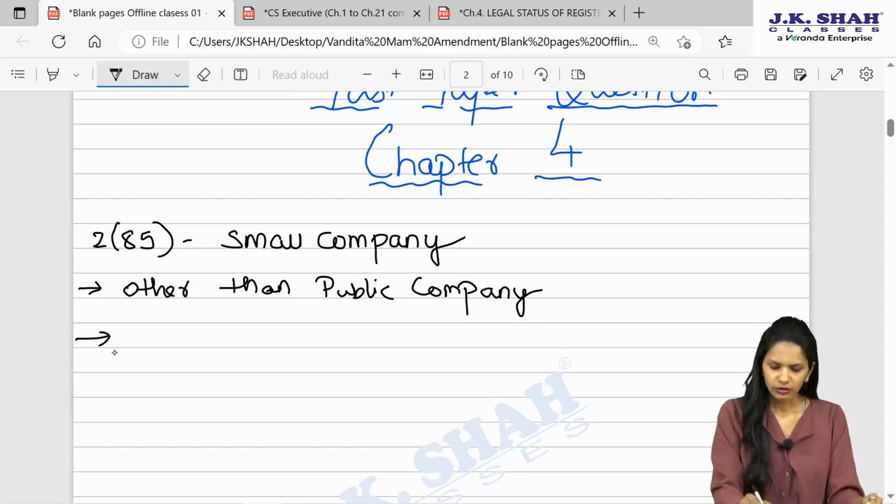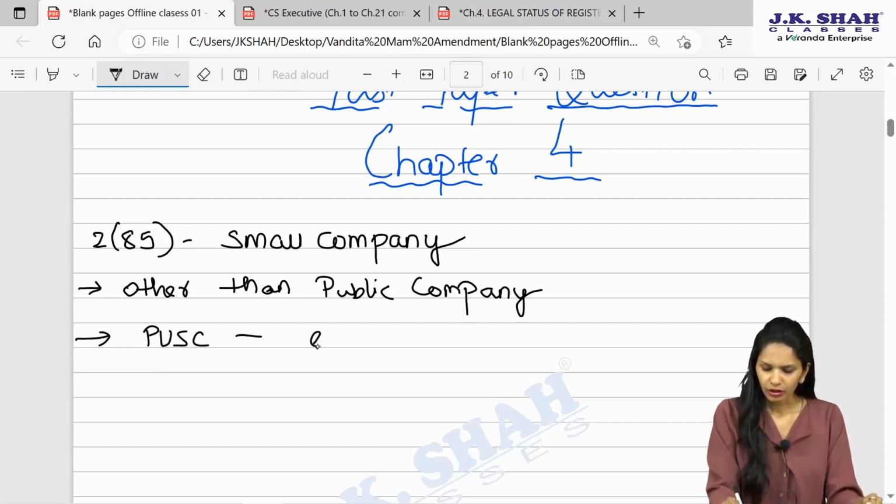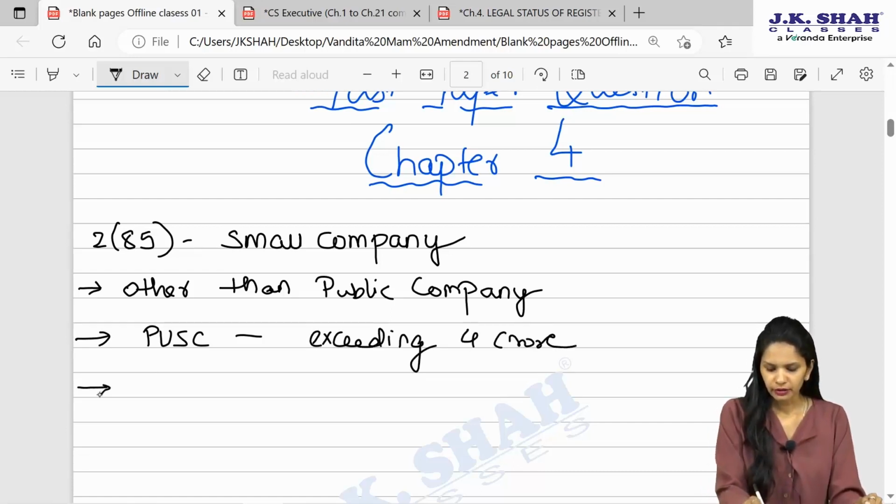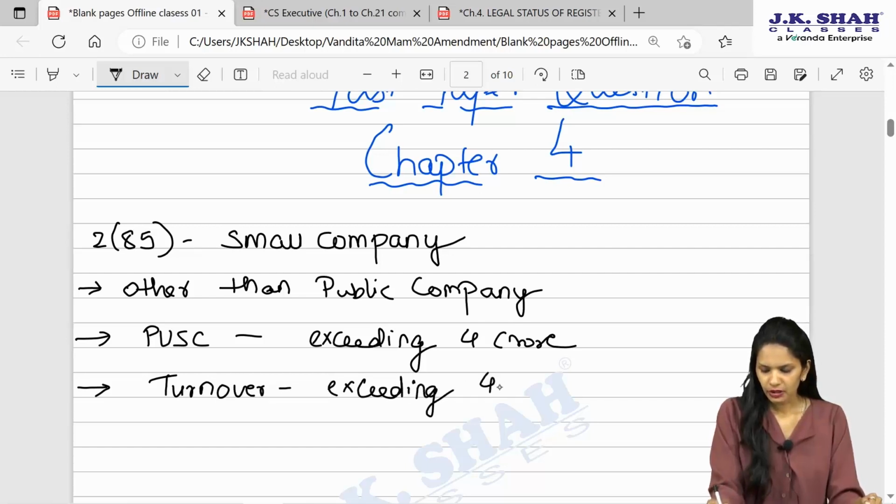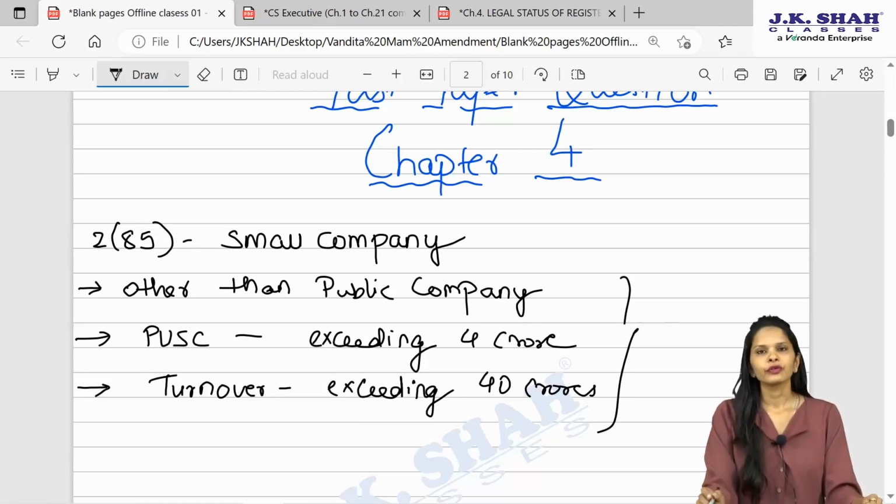Also, the company should not have paid up share capital exceeding rupees 4 crore as per the amendment, and turnover not exceeding rupees 40 crores. So these 3 criteria need to be fulfilled.